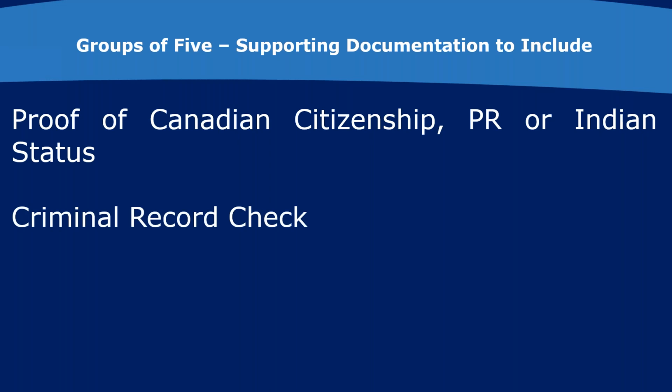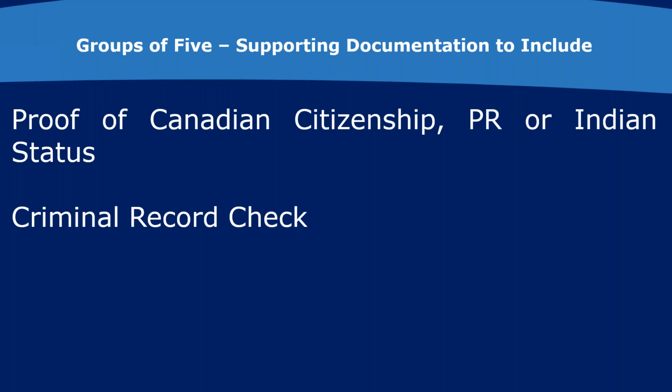As we mentioned on the previous slide, each member from the Group of 5 must include a police certificate and must undergo a criminal record check. And the police certificate must be issued within 6 months of the application being submitted to ROCCO, and a non-vulnerable sector check is sufficient for the process.